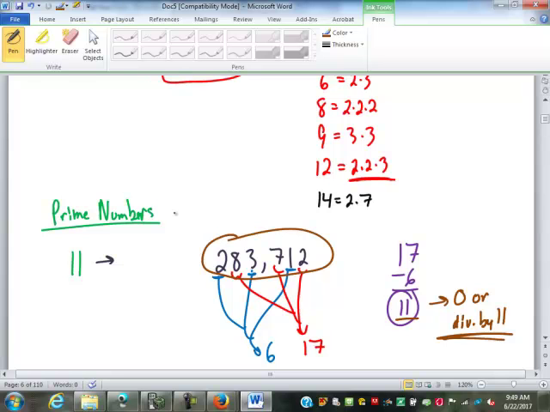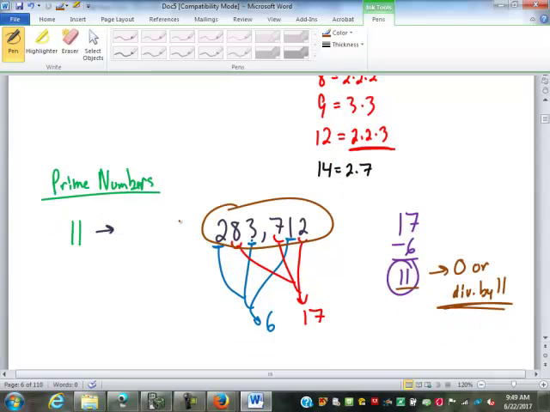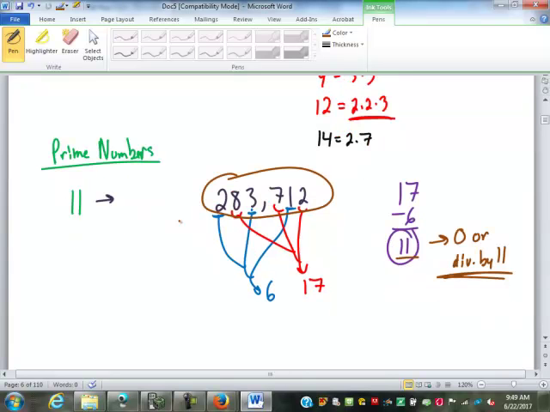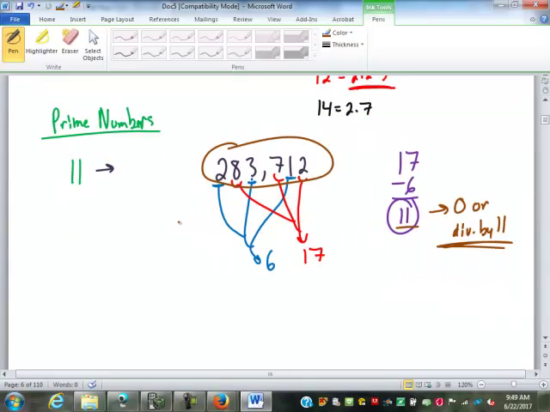With calculators, you just punch them in, you get a result, and you can tell whether it's divisible if there's no decimal or not. So it's not really that handy as we move up the ladder. So we can tell if these numbers are divisible by another number.